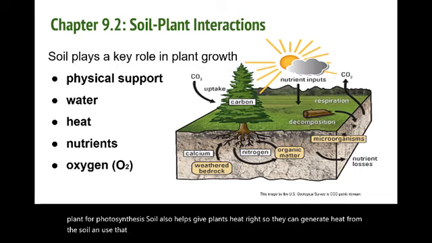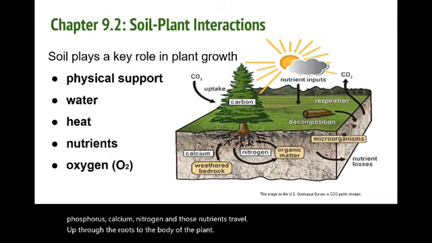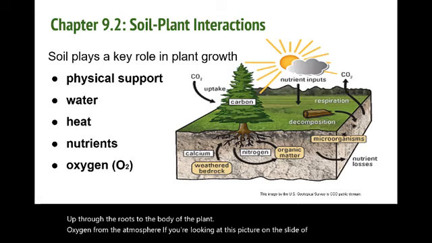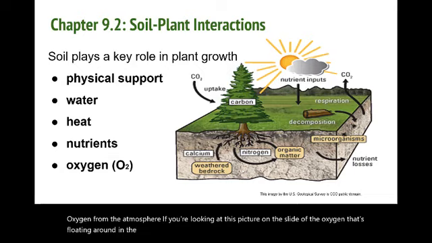There are also very important nutrients, things like phosphorus, calcium, nitrogen, and those nutrients travel up through the roots to the body of the plant. Oxygen from the atmosphere, if you're looking at this picture on the slide of the oxygen that's floating around in the air, that oxygen also travels through photosynthesis.